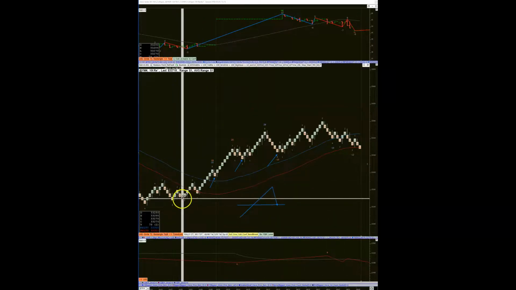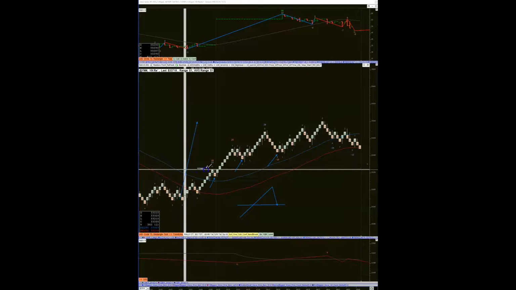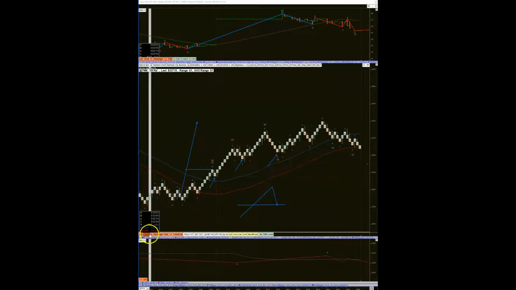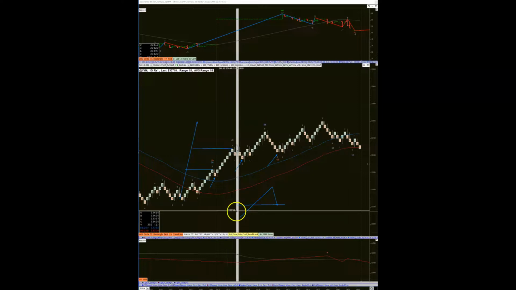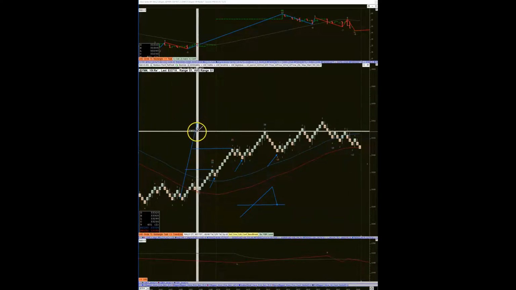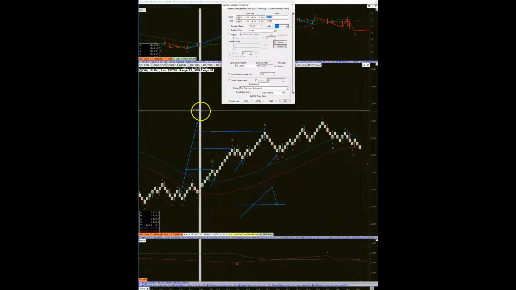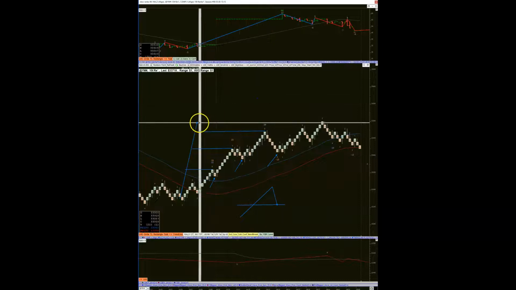I'm going to draw it how it's supposed to be done. So from here, measure the thrust from here to here. Look at this thrust. That's a lot of thrust, right? That's good. Look at this thrust. That's a lot of thrust, right? That's good.